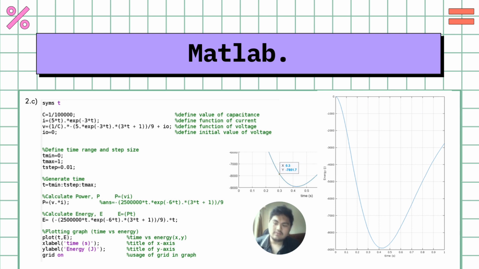If you look at the graph, the x value is negative 0.3 and the y value is negative 7851.7. When plotting the graph of time versus energy, plot t, e, x label time, title of x-axis, y label energy J, title of y-axis, grid on for the usage of grid in the graph.